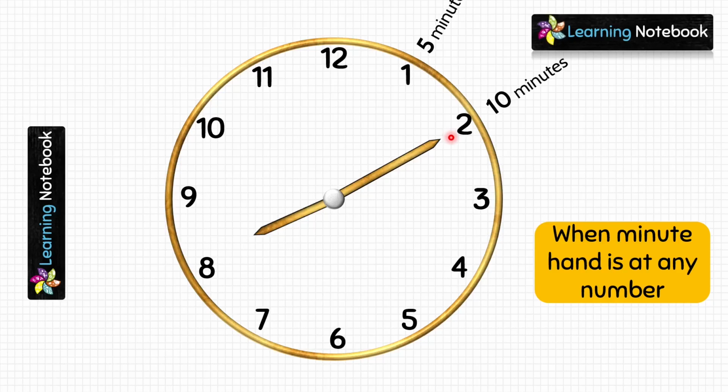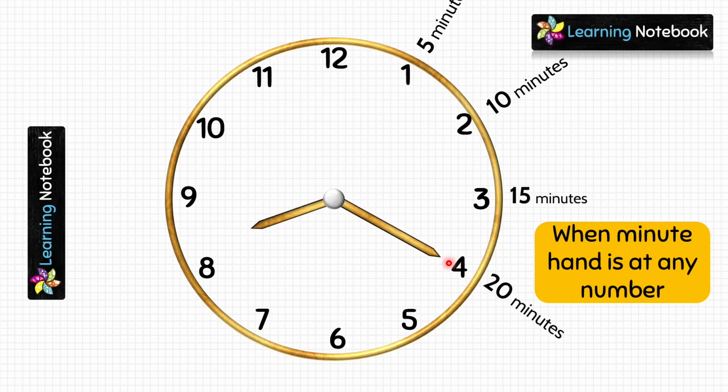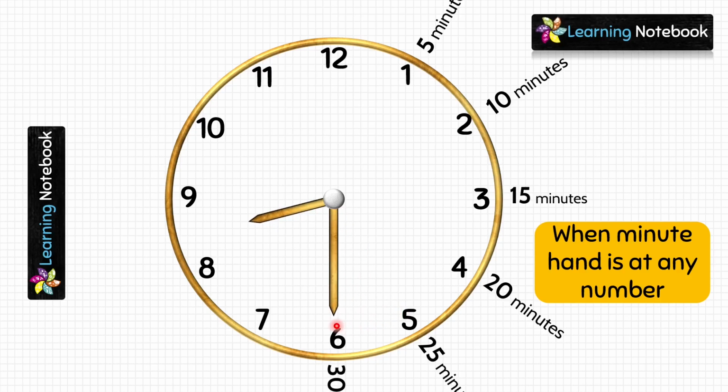Similarly, the total time to move from 12 to 3 is 15 minutes. Then the time to move to 4 is 20 minutes. Time to move to 5 is 25 minutes. Time to move to 6 is 30 minutes.